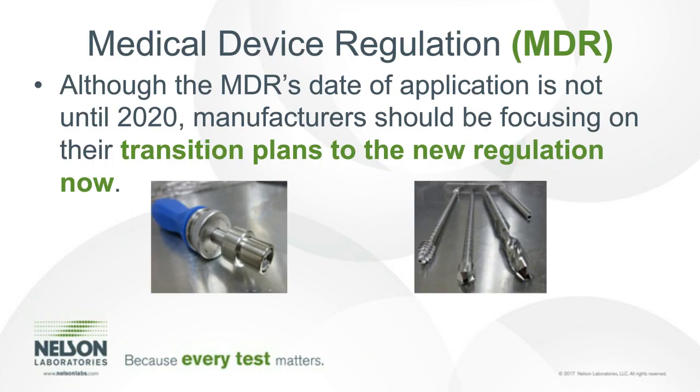The European Union Medical Device Regulation, which was approved by the European Parliament and published in the Official Journal of the European Union, is now available for everyone to read. If you haven't had a chance to read it, I'll tell you it is worth reading. The new regulation is complex and quite lengthy, and the changes that it embodies are significant. One of the things that caught my eye is that all products have to be CE marked under the new regulation in order to be placed on the market or put into service.